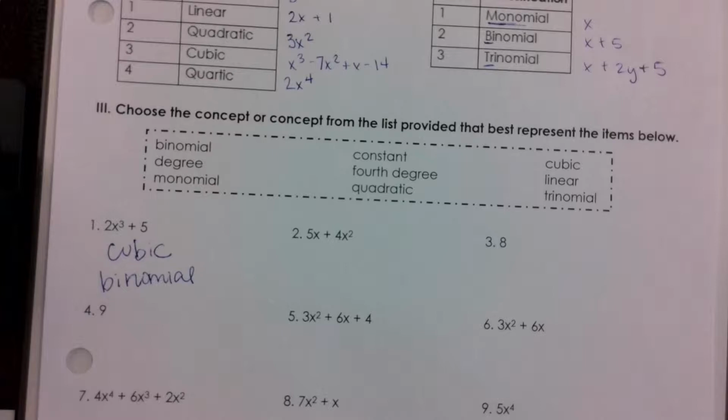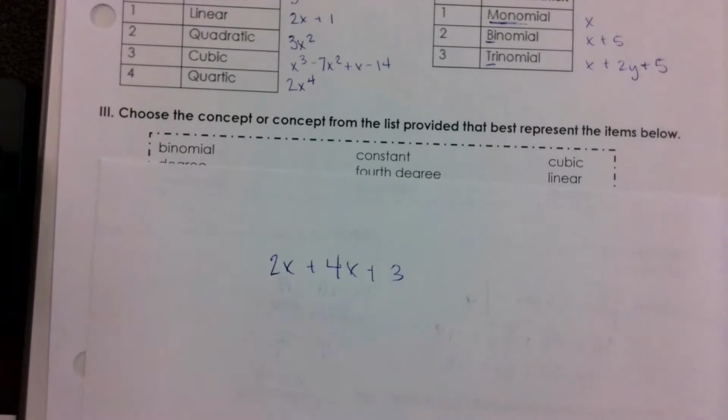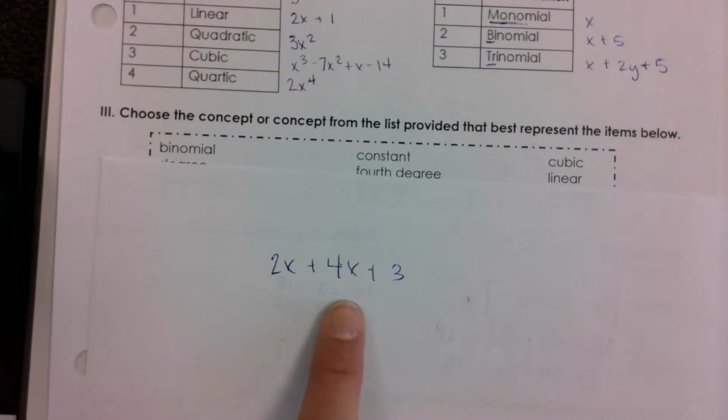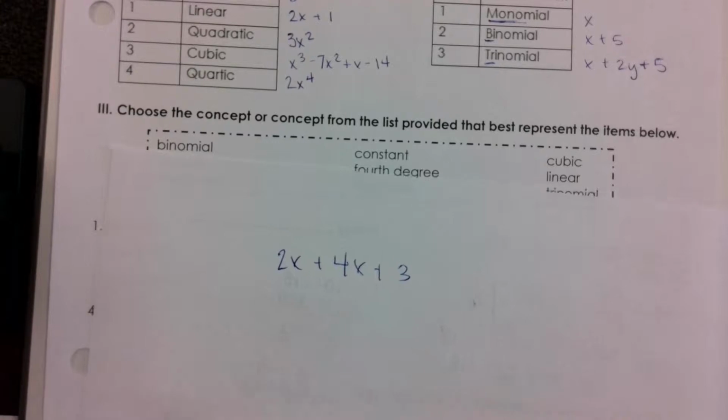They're not going to give you something like that and ask you what it is. Did y'all hear what Haley said? She said if you had like 2x plus 4x plus 3, something like that, if we could combine these, would this still be a trinomial, or is it considered a binomial? As written, it's a trinomial because there are 3 terms.